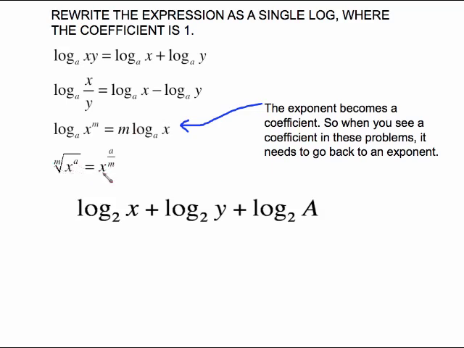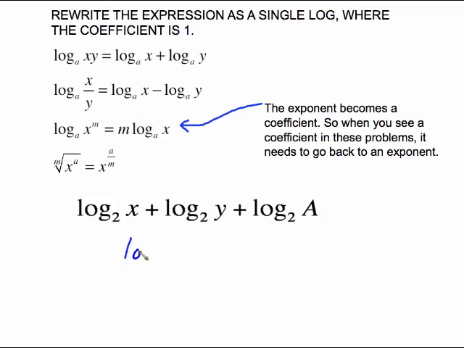This is not a log property, but this is something we will need to use, and that is the fact that the mth root of x to the a can be rewritten in rational exponent form as x to the a over m. You see one of these problems where the word log is written multiple times. The directions are asking you to write it as a single log where the coefficient is 1.